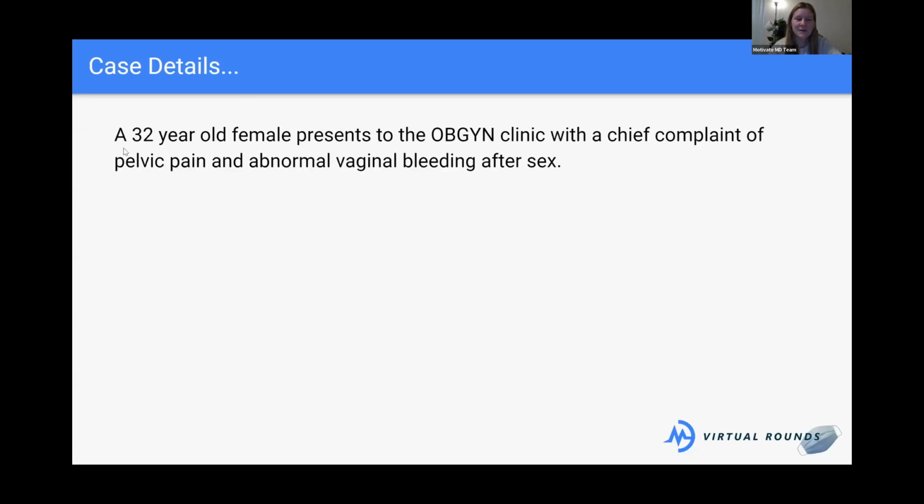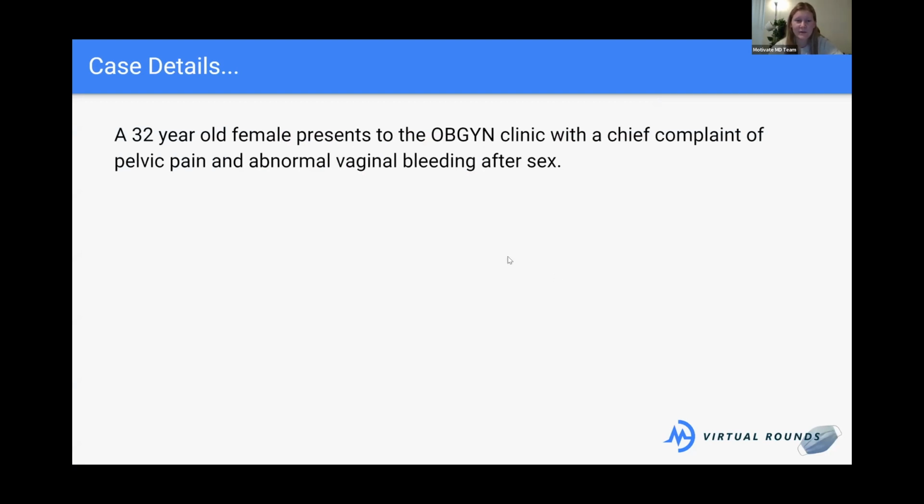Okay, so we're going to start with our patient case. We have a 32-year-old female presenting to the OBGYN clinic today, and she has a chief complaint of pelvic pain and abnormal vaginal bleeding after sex. Because this is a pathology topic, we're not so much playing the OBGYN role, we're just learning about the patient's history and putting our findings into a clinical context.